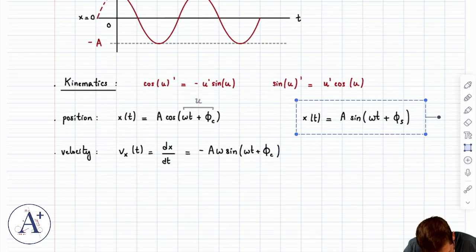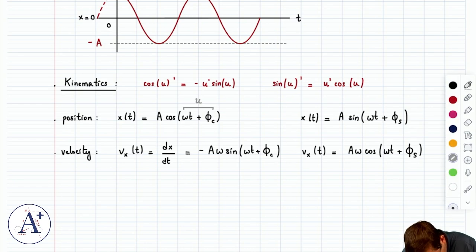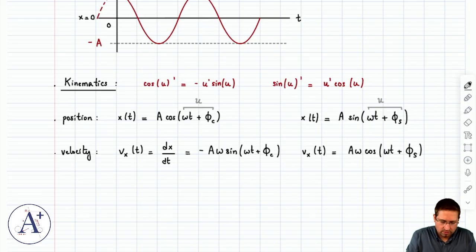Okay, this is going to be x of t. What is it going to be here? Well, vx of t is going to be, if I take the derivative of sine, I'm going to get A omega cosine of omega t plus phi sub s. Again, this here is u. So u has phi sub s in it, and therefore it finds itself in here. Okay. So that's what velocity looks like.